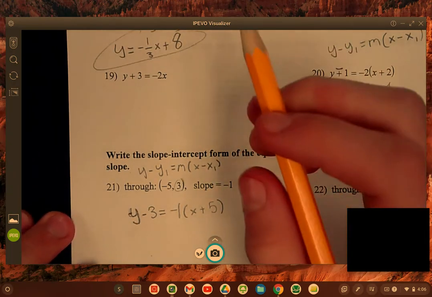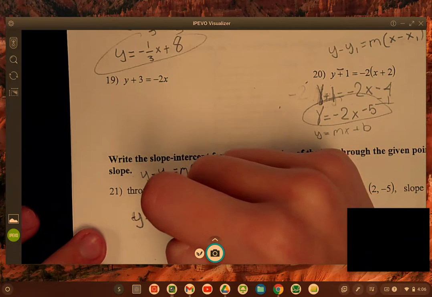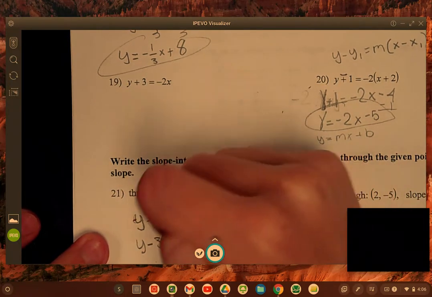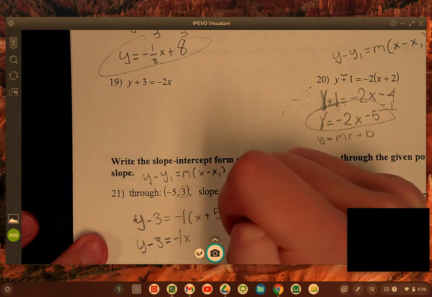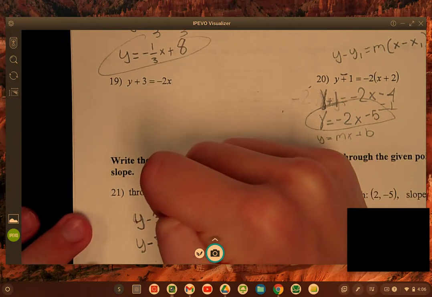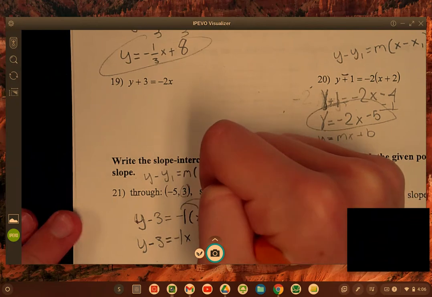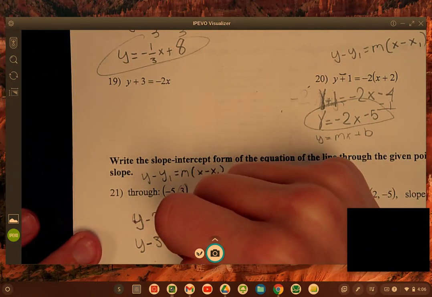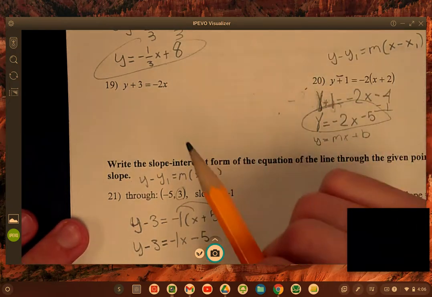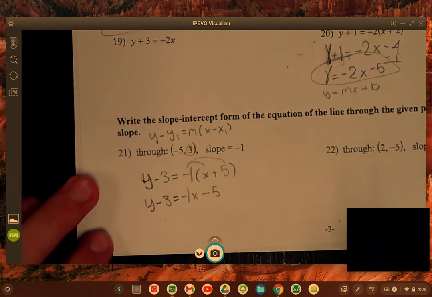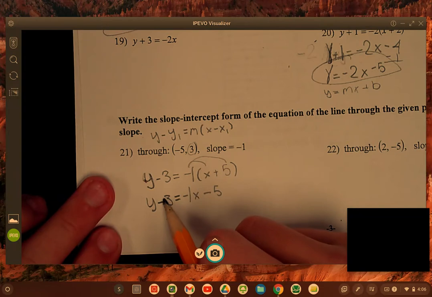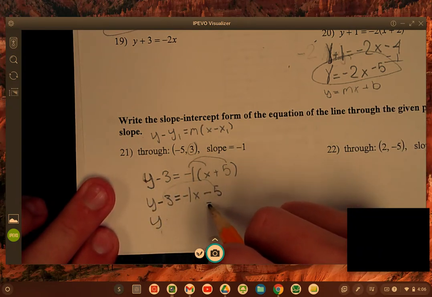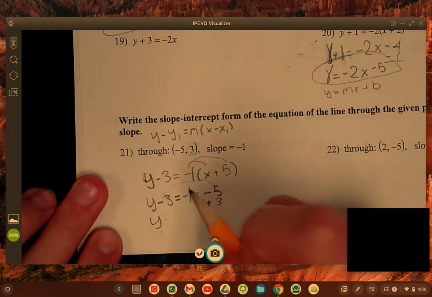I love that. That's the hardest part, I think, sometimes. So we're going to have to distribute this. So we're going to drop this down, and that equals -1x. And then when we multiply that, that changes to a negative, so it'd be -5. Will you move the paper up a tiny bit? Perfect. And then we're going to have to put this on the other side. So it's going to be +3 because this is a negative.